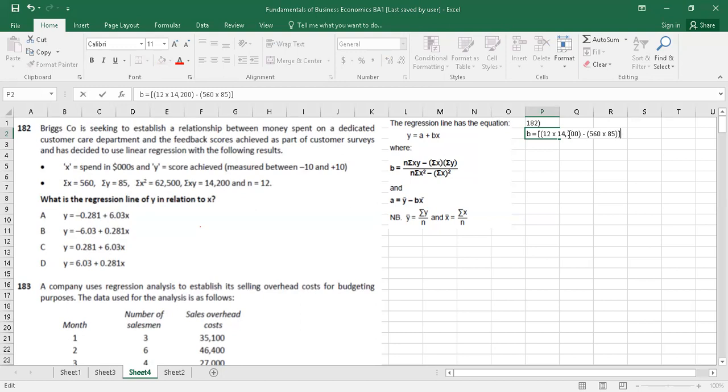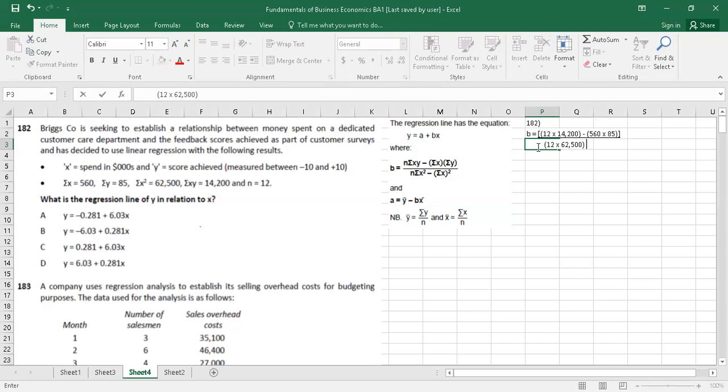After that, we can write the denominator here in the next row. So if this is the numerator, the denominator would go like this. In the denominator, we have N is 12. 12 into sigma X square is 62,500.